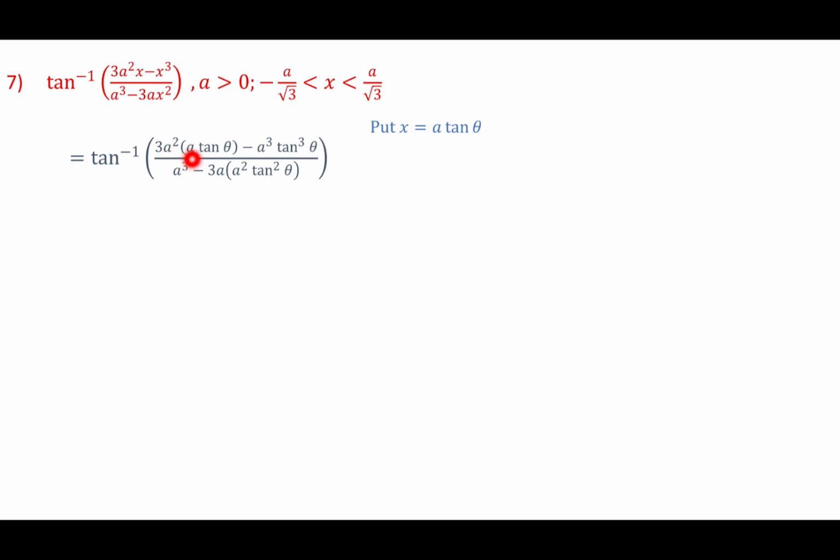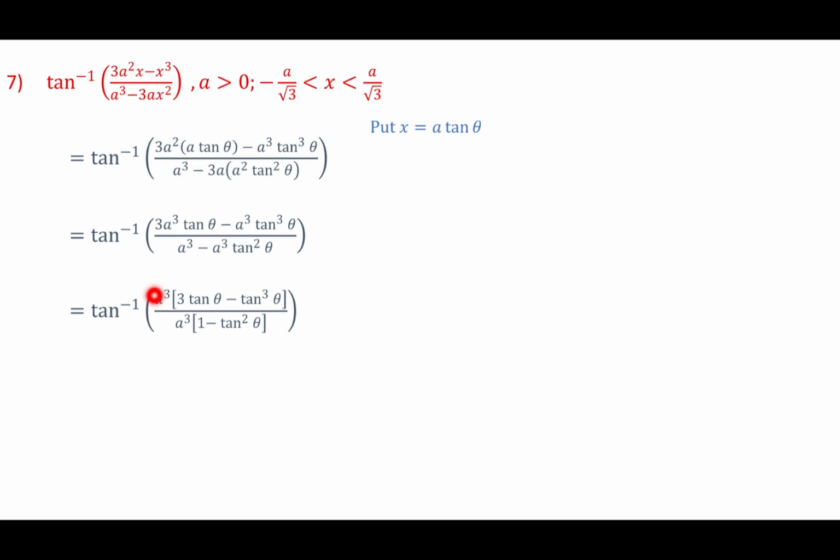Now here a square and a will be a cube. And here a multiplied by a square will be a cube again. So it will be like this. In the numerator, I can take a cube as common. The remaining part is 3 tan theta minus tan cube theta, over, in the denominator, I'm going to take a cube again as common, so that the a cube in the numerator and the a cube in the denominator can be crossed out. The remaining part is this one.